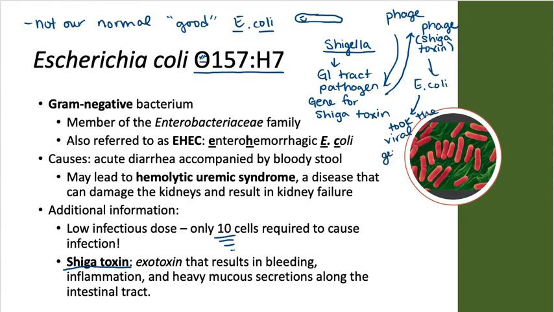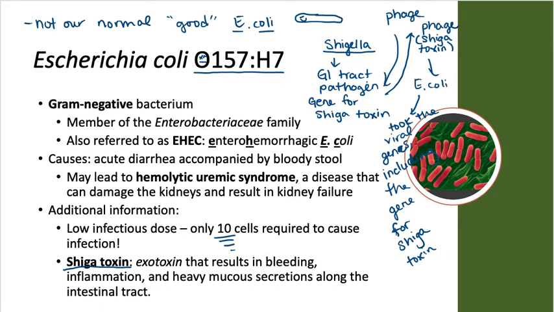And the way they know this is that when they did the genome sequencing, they found a Shiga toxin gene surrounded by viral genes. And that Shiga toxin gene was identical to the one found in Shigella.